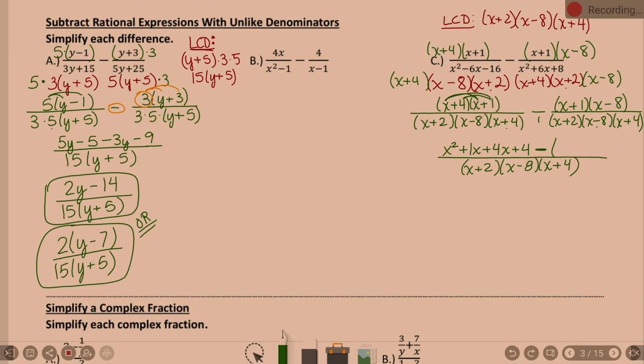X times X, X squared, X times minus 8, negative 8, minus 8X, 1 times X, plus X, 1 times minus 8, negative 8, minus 8. So that whole section from the second fraction is going to be subtracted.